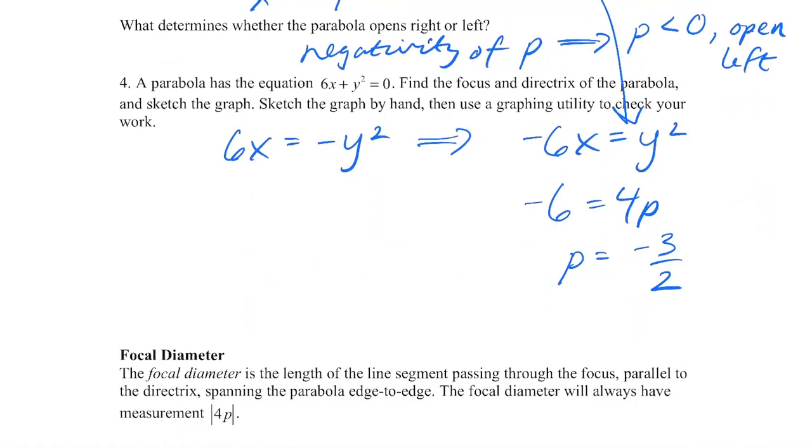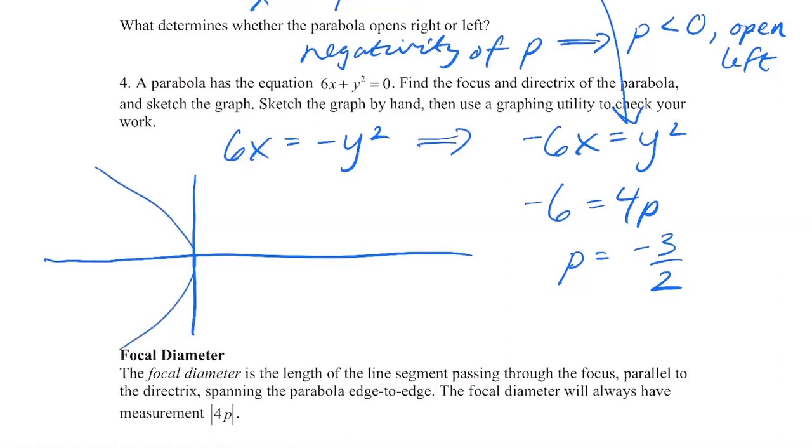So negative p, that means we're opening to the left. We're still centered at the origin, so that makes our lives a little bit easier. We're opening to the left, so we'll have something like this, and we just need to figure out the curvature and how that plays. So let's get our directrix and our focus in place.